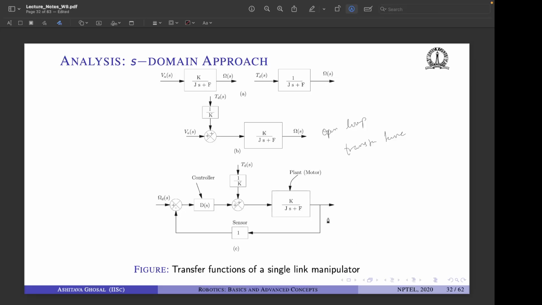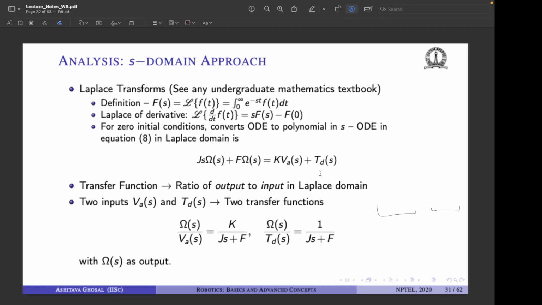And the second is the closed loop transfer function. So you see a key difference between these two scenarios.